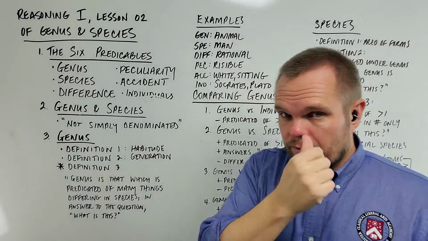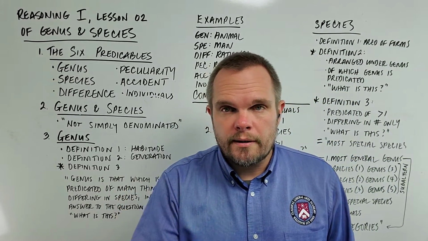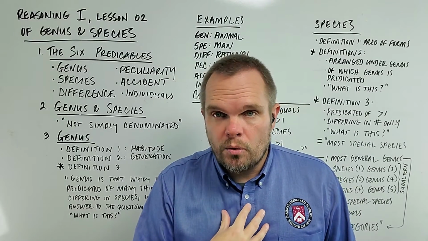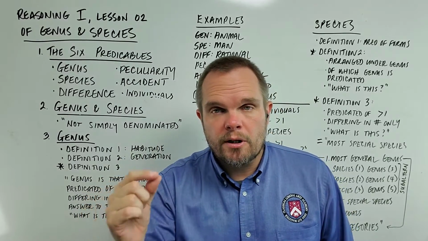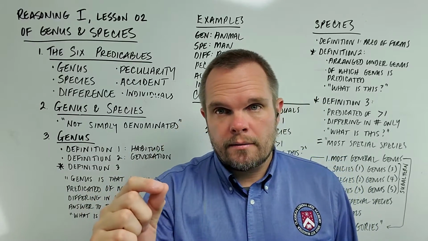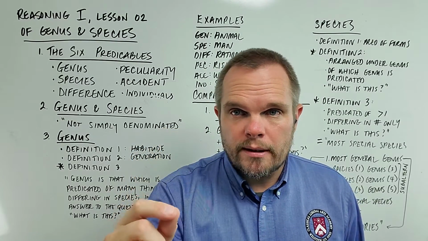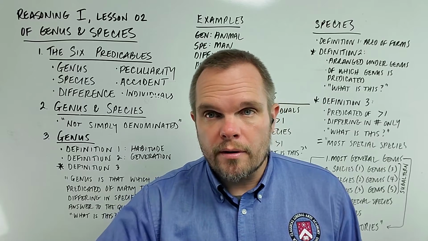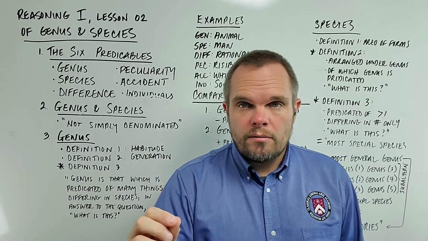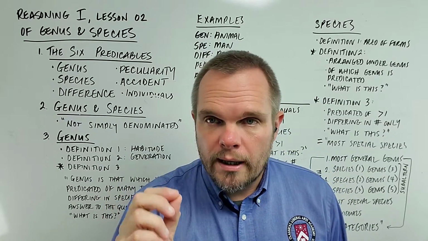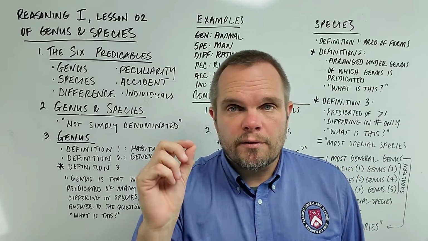Difference, the example is rational. Rational is a quality that is peculiar to man, but it's more than a peculiarity because it is defining of man. It's the actual quality that separates man from other species. Rational is different from risible, because risible is peculiar, but it doesn't define man.